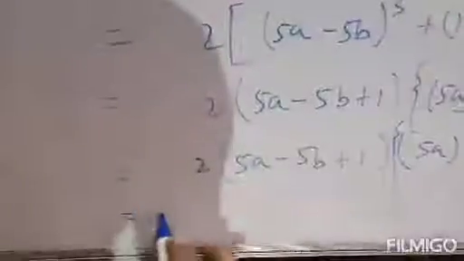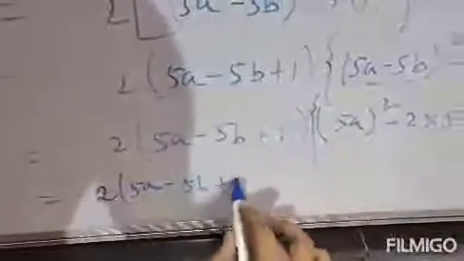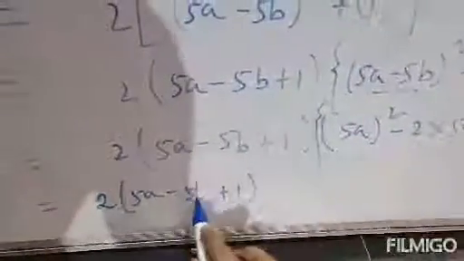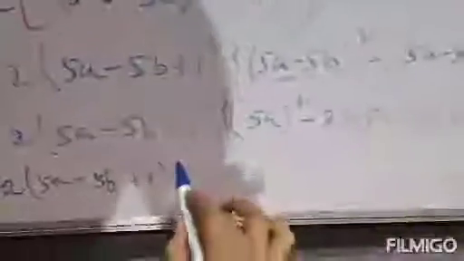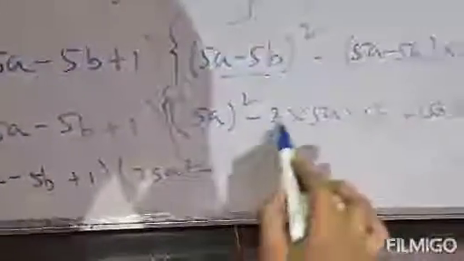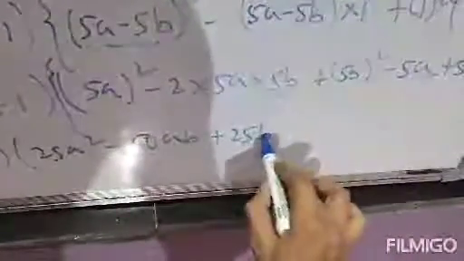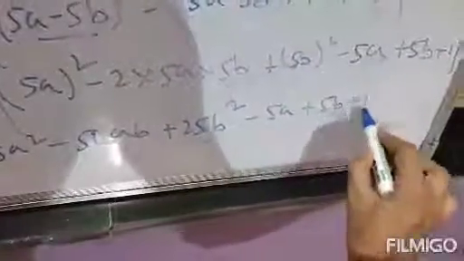Now further simplified to 5a minus 5b plus 1, this is b, 5a minus 5b plus 1. This is 5a square, that is 25a square, minus 2 5s are 10, 10 5s are 50, that is 50ab, plus 5b square, that is 25b square, minus 5a plus 5b plus 1.